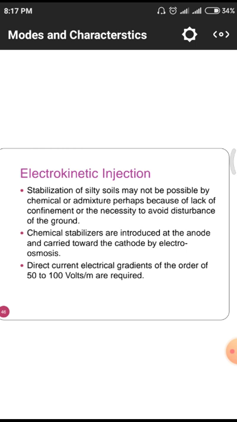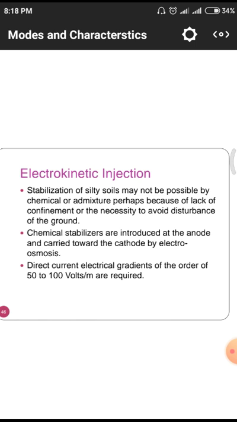Here especially this electrokinetic injection is utilized for silty soils. Stabilization of silty soils may not be possible by chemical or mineral admixtures, perhaps because of lack of confinement, which is necessary to avoid disturbance of the ground.